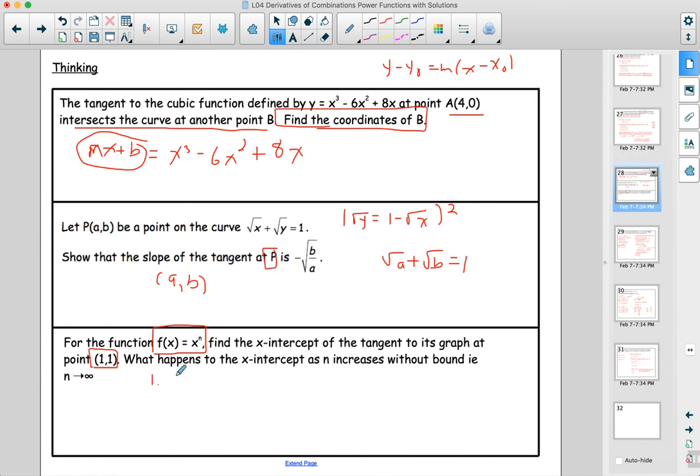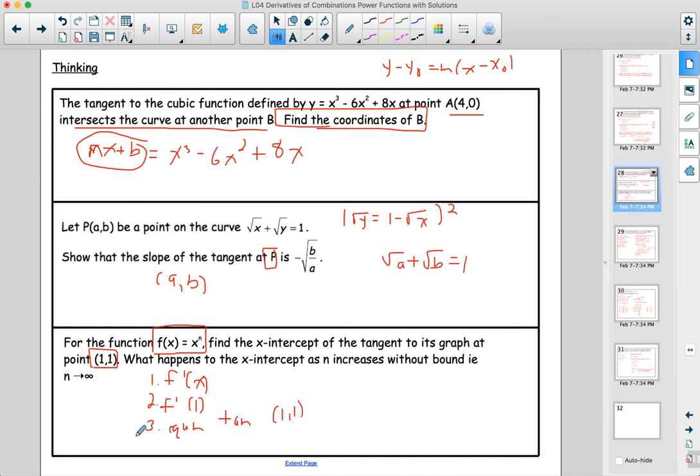So step one, you're going to need to find f prime at x. Then we're going to need to find f prime at 1. And after we found f prime at 1, we want the equation of the tangent at 1, 1.